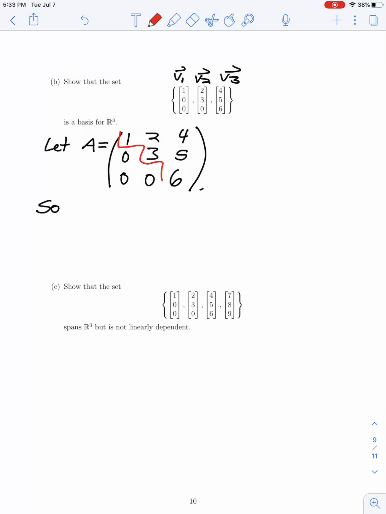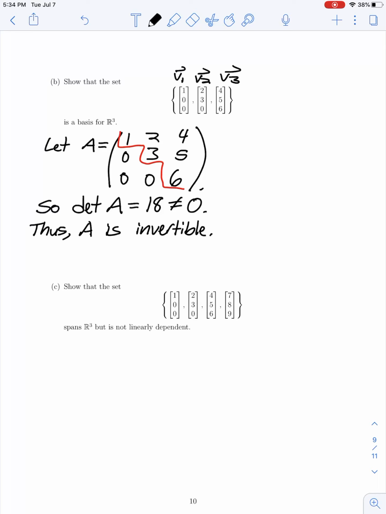Now we can see that this particular matrix A is upper triangular. So recall from chapter 3 that the determinant of a triangular matrix is the product of its diagonal entries. In this case, 18. So since we have a non-zero determinant, A is invertible. And by the invertible matrix theorem, that means that the columns of A, which are these three vectors, form a linearly independent spanning set of R3 and are therefore a basis.